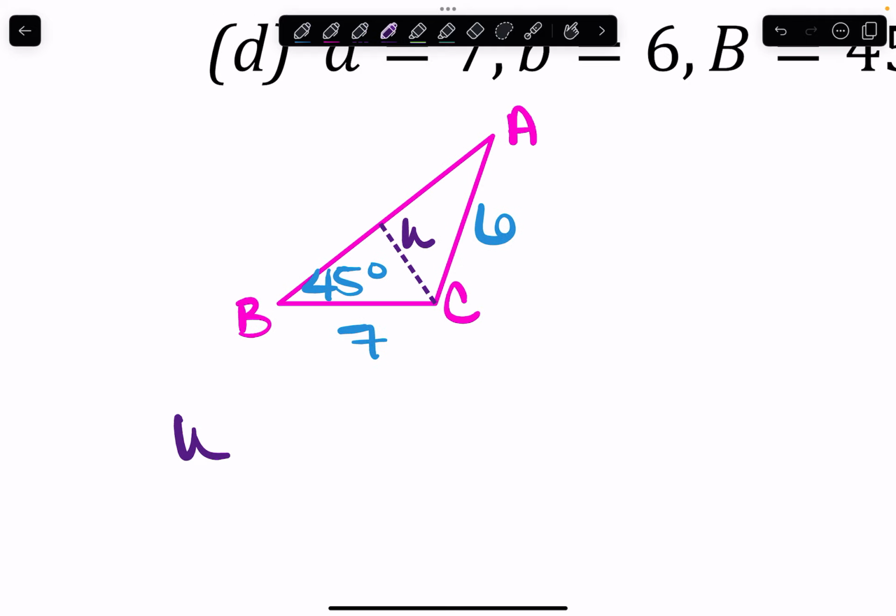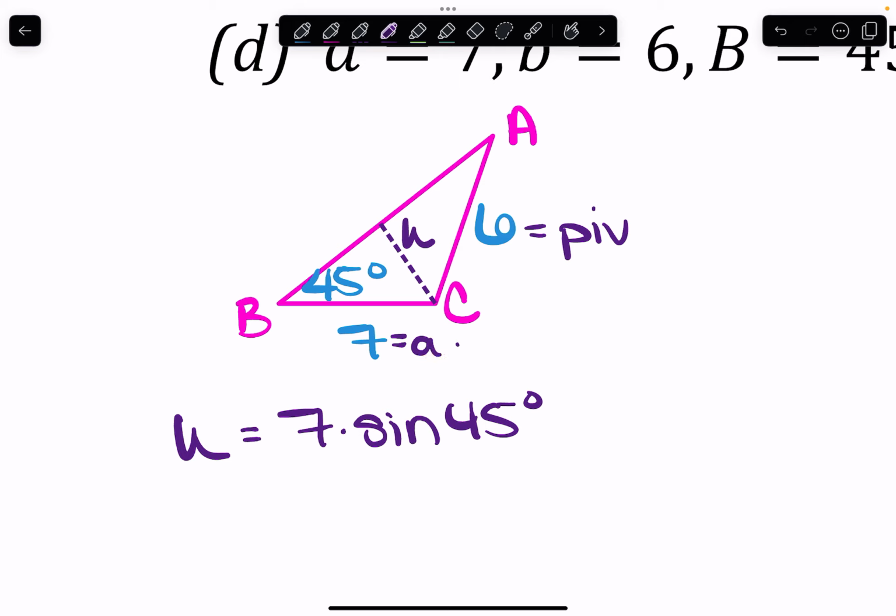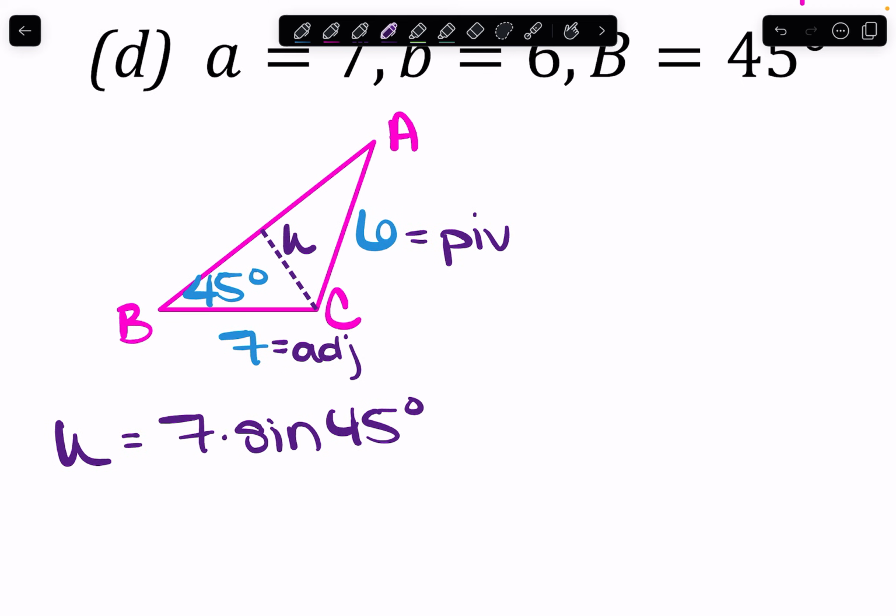Our height is 7 times the sine of 45 degrees. I guess it would help if I labeled pivot, adjacent. That way we know which is which. All right, so 7 times the sine of 45 is 4.949. Actually, here I'll go 4.95 if I'm going to round them to 3.